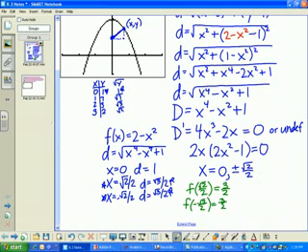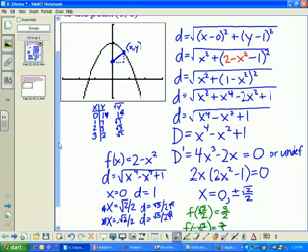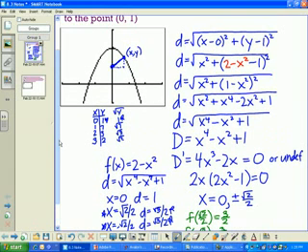So if we go back to our curve here, the 2 points that we're talking about, I'd have (square root of 2 over 2, 3/2) and the other point is (negative square root of 2 over 2, 3/2). So those are the two ordered pairs that are closest.